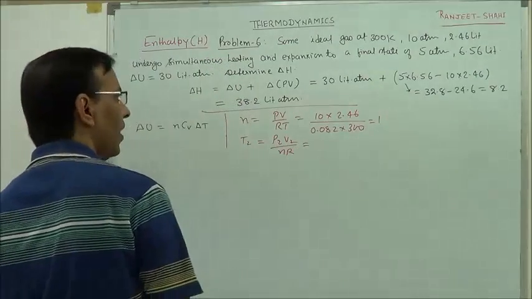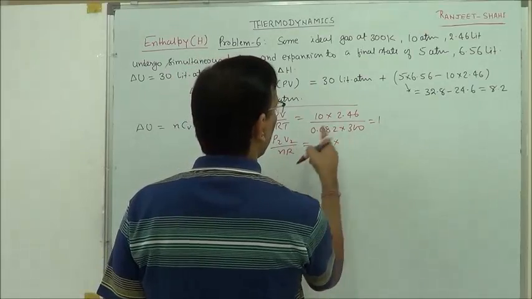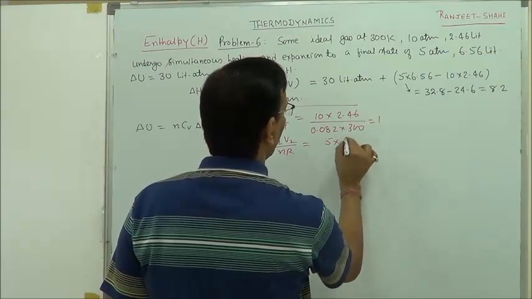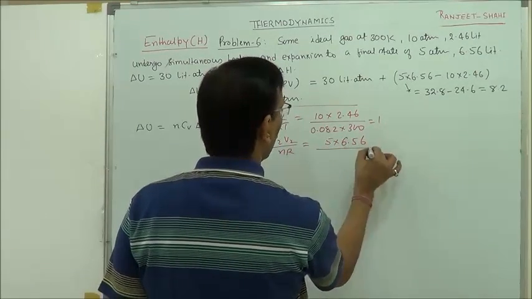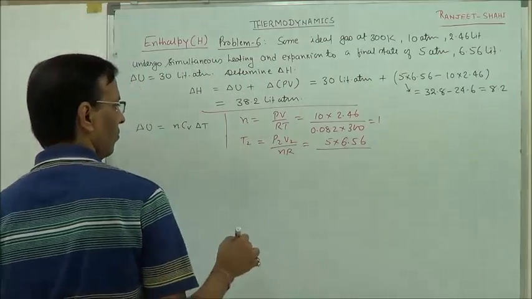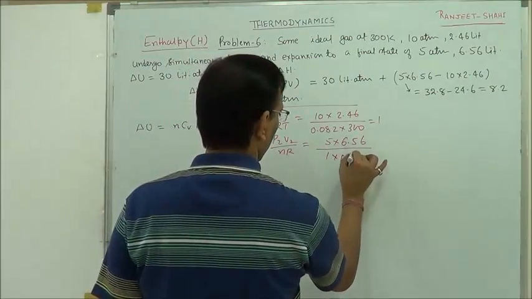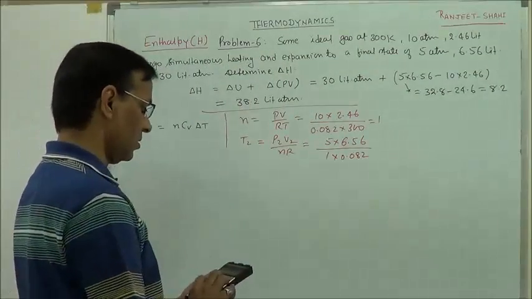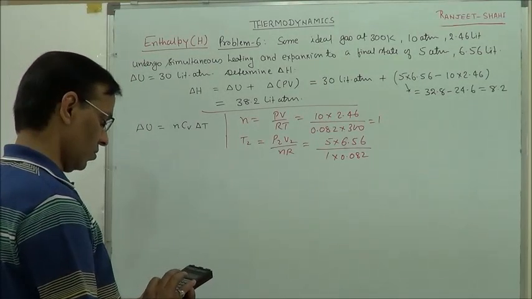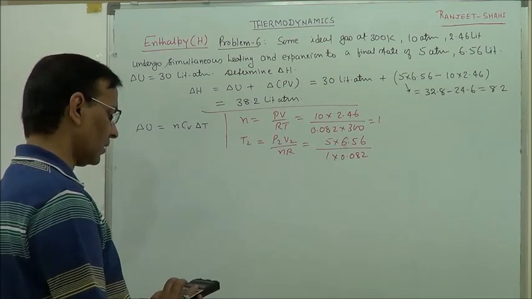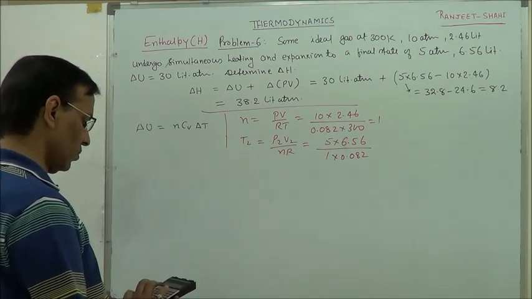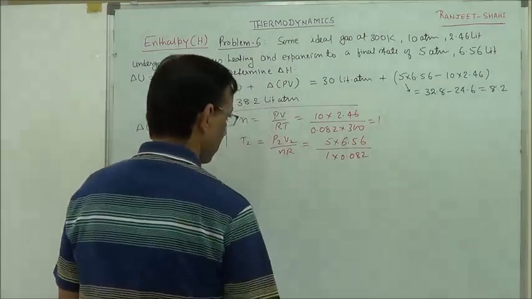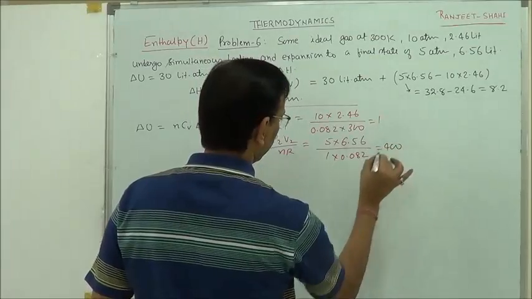Final pressure is 5, final volume is 6.56 upon nR. n is 1. If we work out, 5 into 6.56 divided by 0.082, it is 400.